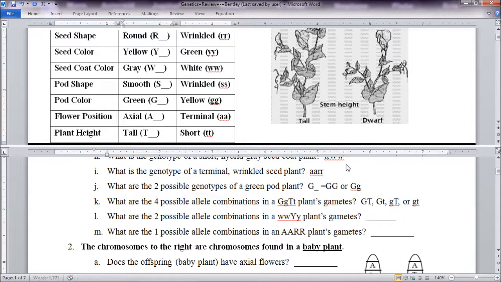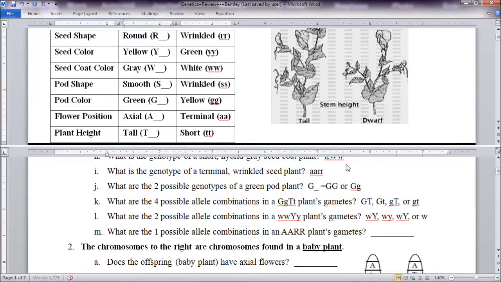Now I can try that exact same process with the next problem. First W with the first Y. First W with the second Y. Second W with the first Y. Or second W with the second Y. But here's what you're going to notice is two of those have been repeated, and also the question said what are the two possible?